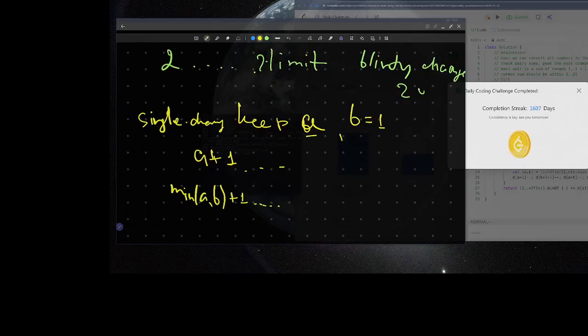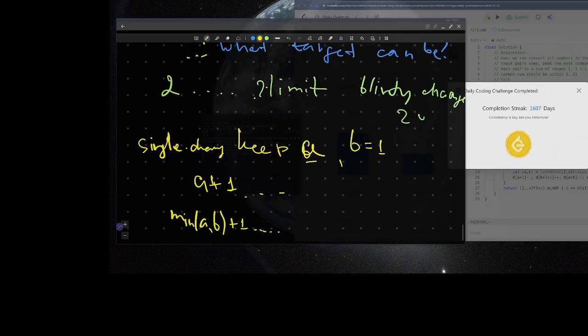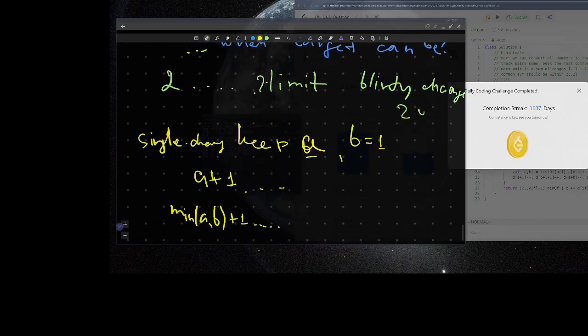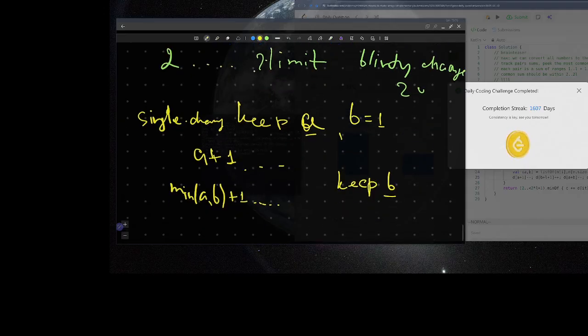This is range. And what is the highest? The highest is that we keep the biggest value and change the smallest to the limit.